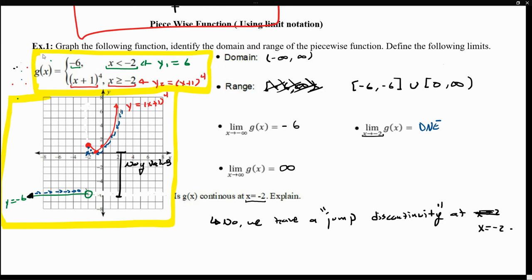So once we got to -2, we did this big jump. That's pretty much the reason why it's called jump discontinuity, because we jump drastically all the way from -6 to +1 out of nowhere. So whenever we have those scenarios where we jump from one value to another, then we can say that the function is not continuous at that point.